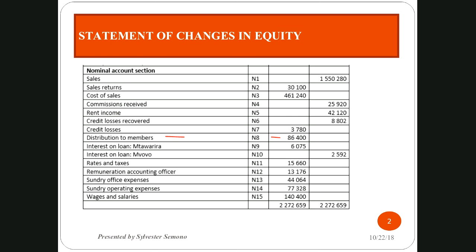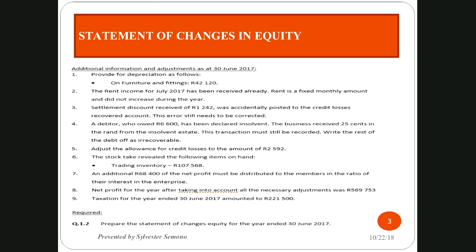Okay, now I'm going to move to the next slide. As you can see here, yes, I gave you a lot of information, but I'm only going to focus on the information that I need. Now, I want you to look at number 7. Can you see adjustment number 7?